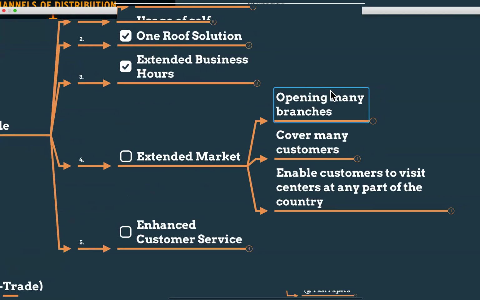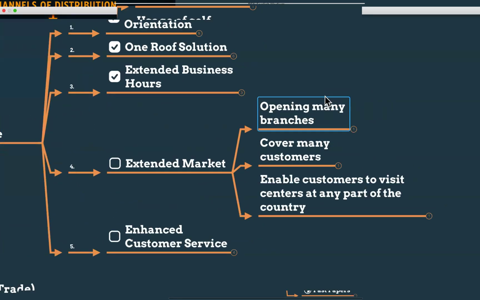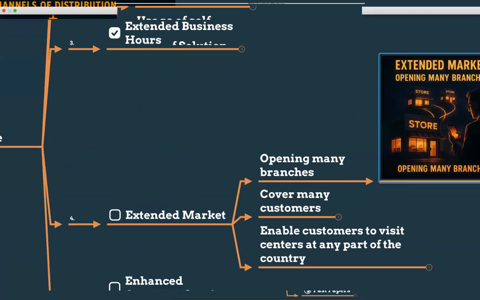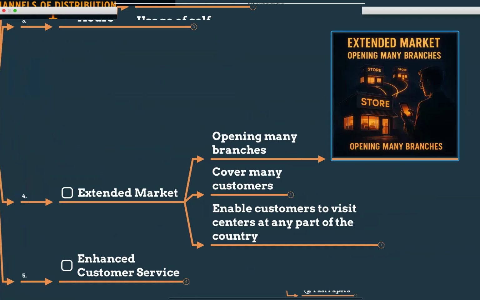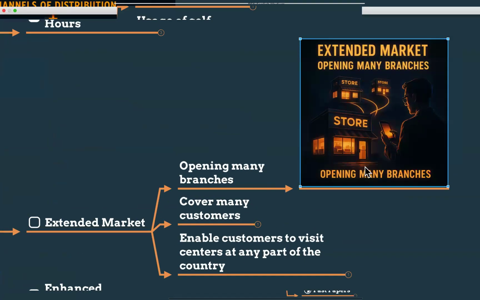At the same time, extended market. What does this mean? Businesses expanding their reach through multiple locations now. This is also one of the trends. Opening many branches quickly, expanding, right? Same brand, multiple locations, standardized service, right? For example, Perera and Sons. Did you hear about that brand, Perera and Sons, giving cakes and short eats items?